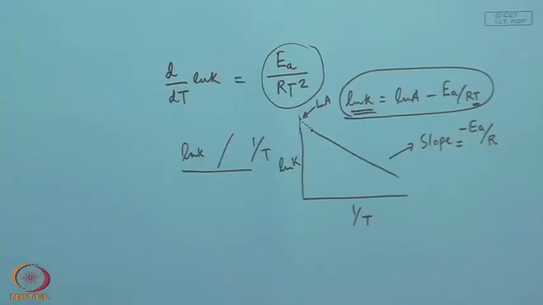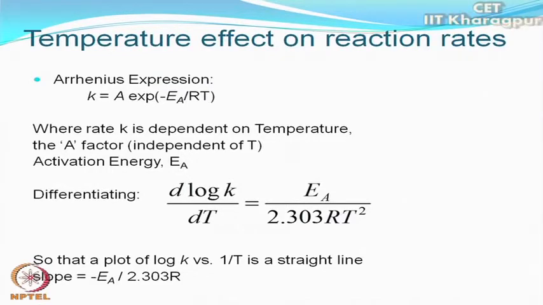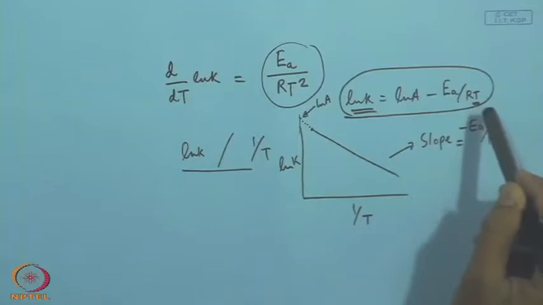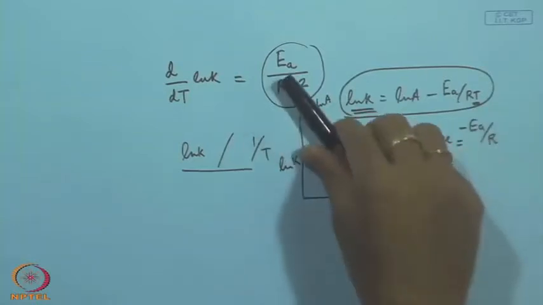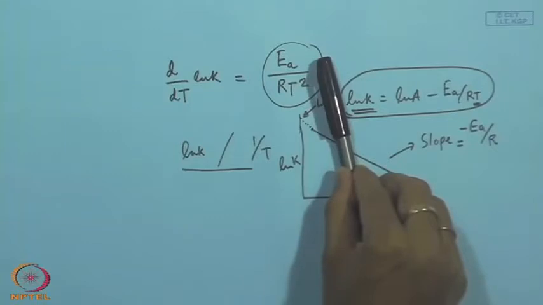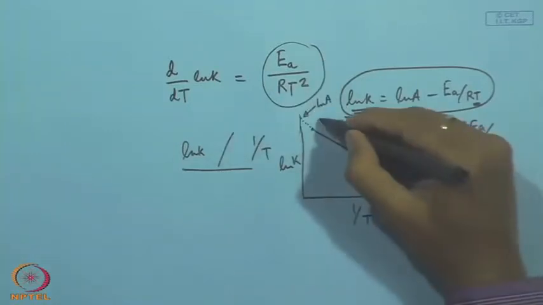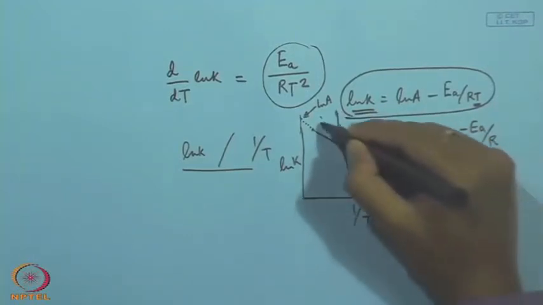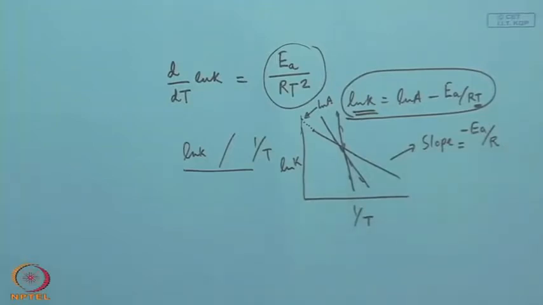So, from this introduction it is clear that if you change the temperature, it changes the rate constant significantly, but whether it will be significant or insignificant is determined by the slope. That means it is determined by the activation energy. When the activation energy is high, your slope will be steeper, like this. Okay. So, a steeper slope when E_A is more.